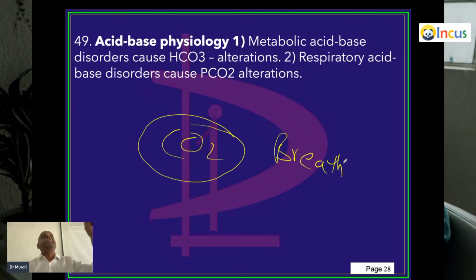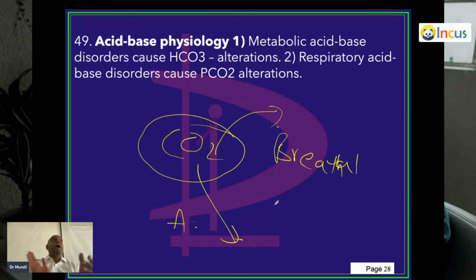What is that? Breathable acid. If you exhale carbon dioxide, you are exhaling acid and you will end up in alkalosis. If you are hypoventilating, if respiratory arrest is there, then carbon dioxide is pent up in the body and that is equal to penting up of acid, and that's the reason it leads to respiratory acidosis.